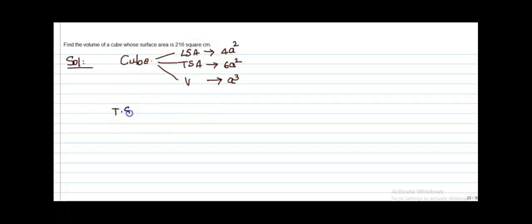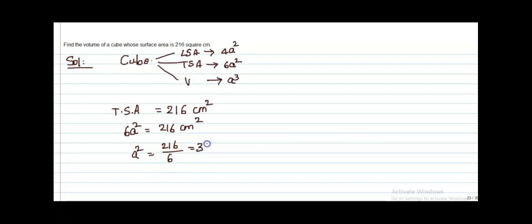Now total surface area is given to be 216 centimeters square, which implies 6a square is equal to 216 centimeters square, or a square is equal to 216 by 6, which is 36, or a is equal to root of 36, which is 6 centimeters. Now once we have found the side of the cube, volume can be found very easily by the formula a cube.